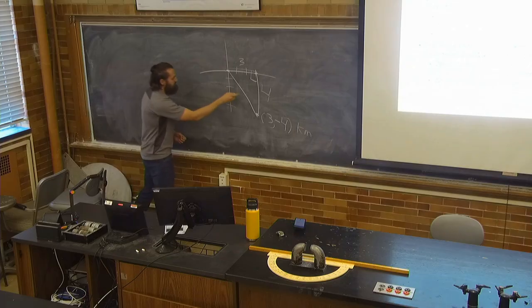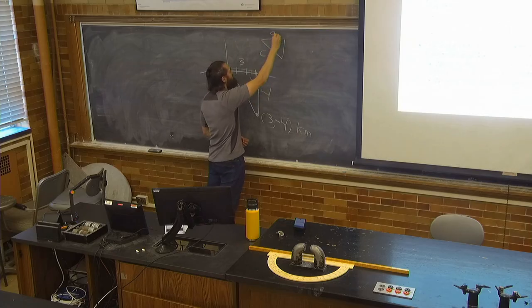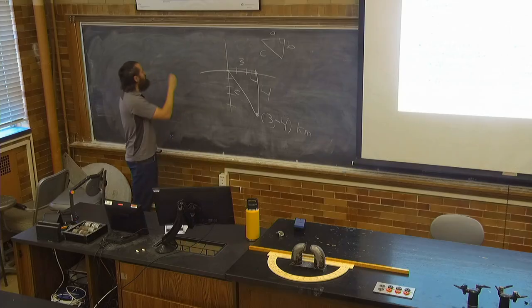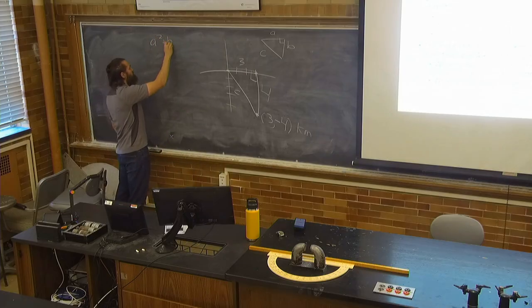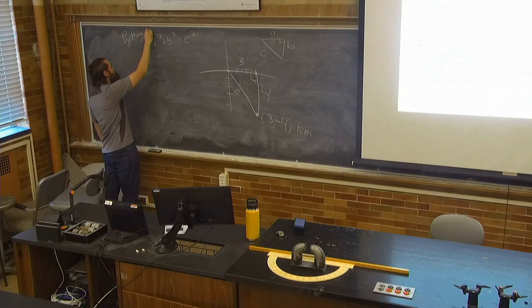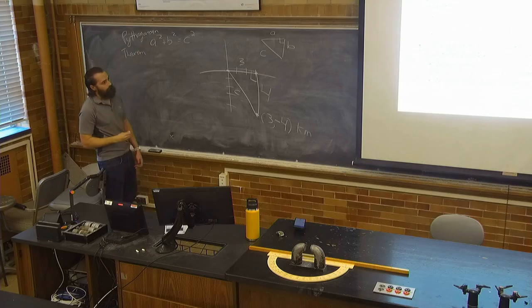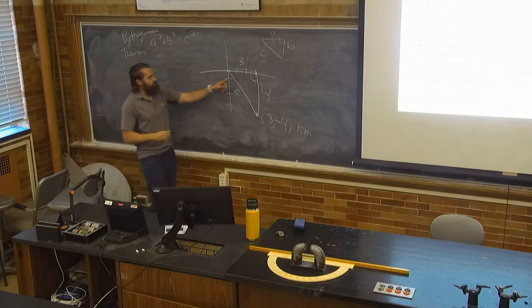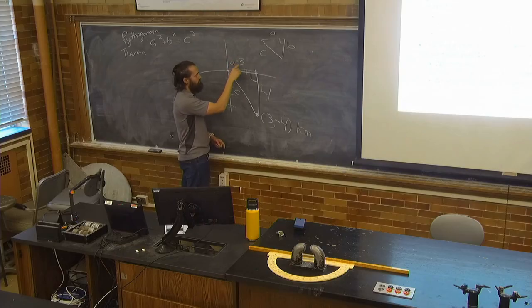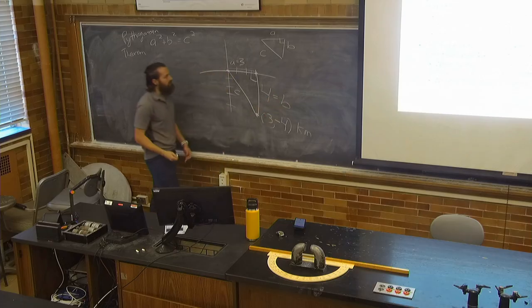So this side I'll call C, and more generally for a right triangle, if this is side C, we'll call the other sides A and B. Then A squared plus B squared equals C squared. So this is the Pythagorean theorem. And so for this triangle, A equals 3, and B will equal 4.